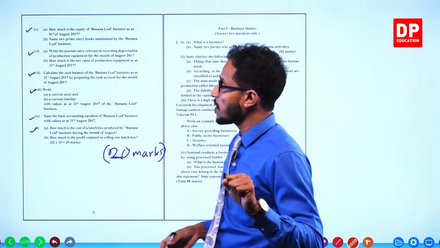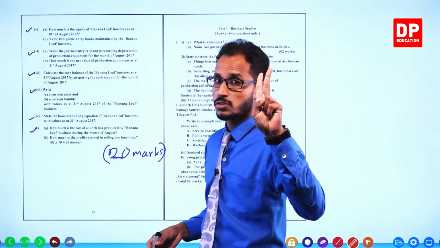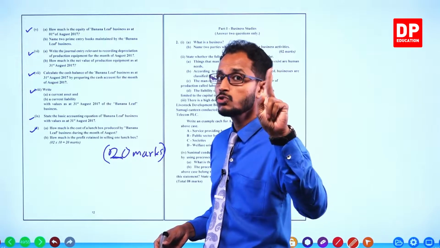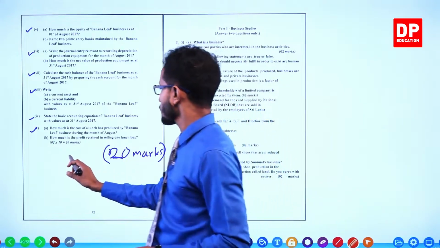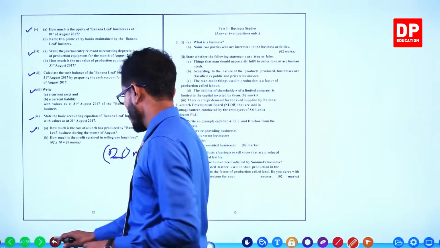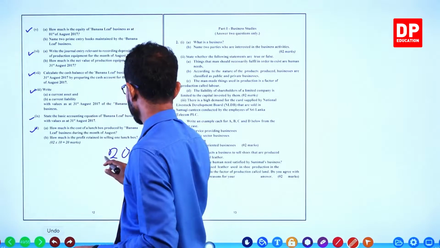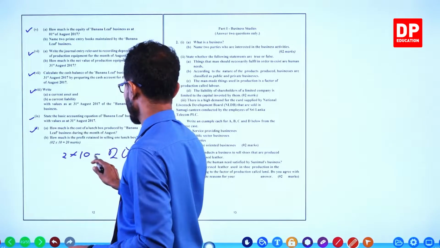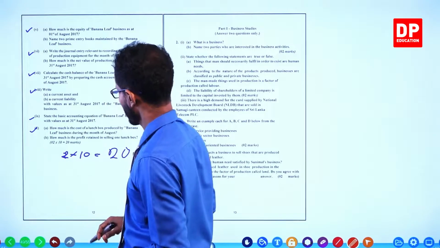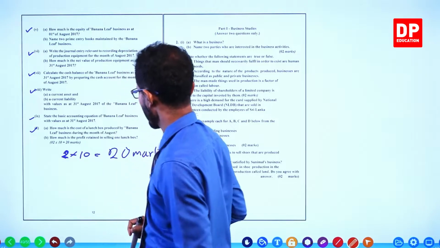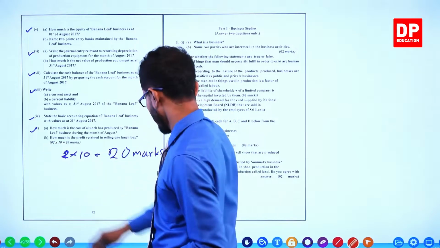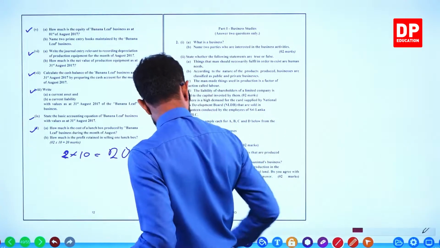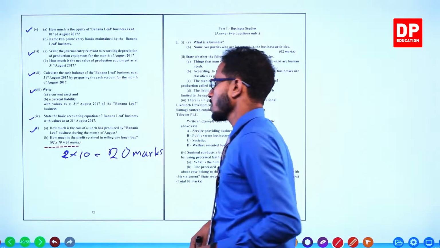Most of the time, each part has A and B, 2 questions, so 1 plus 1 for the A and B, 2 marks. 2 into 10, 20 marks. It's mentioned right here.